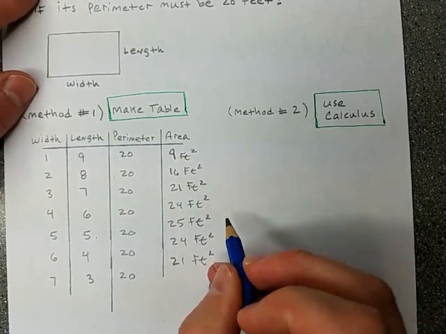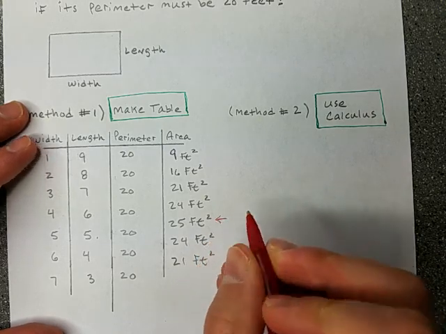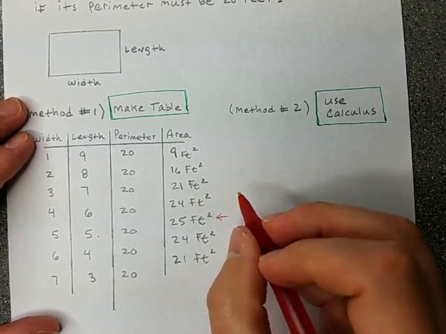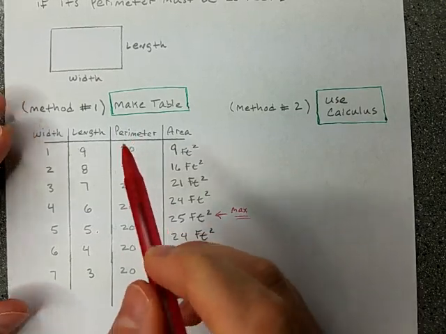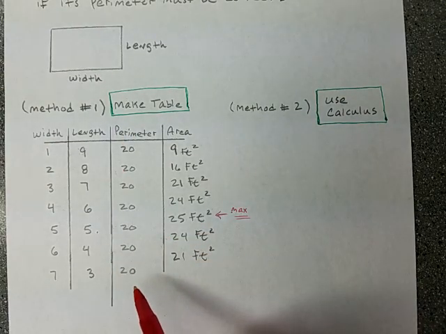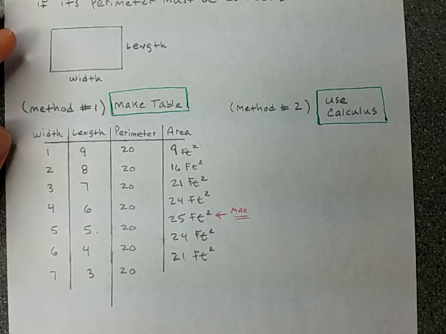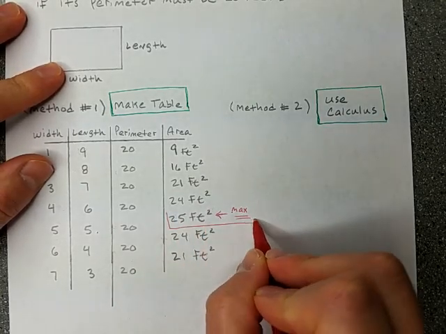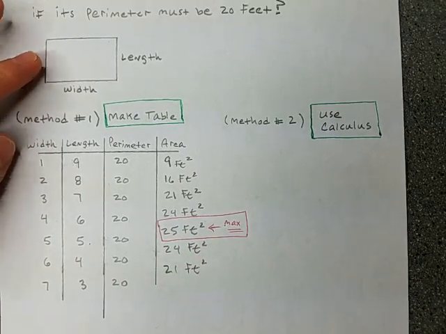So it looks like, this table is not a definitive proof because I don't have every single possibility listed on here, but it appears that that's the maximum. That of all the rectangles that have a perimeter of 20 feet, the biggest that it could possibly be has an area of 25 square feet. Okay? So now I'm going to offer that up as an answer to this one. That's certainly what it seems from the table.